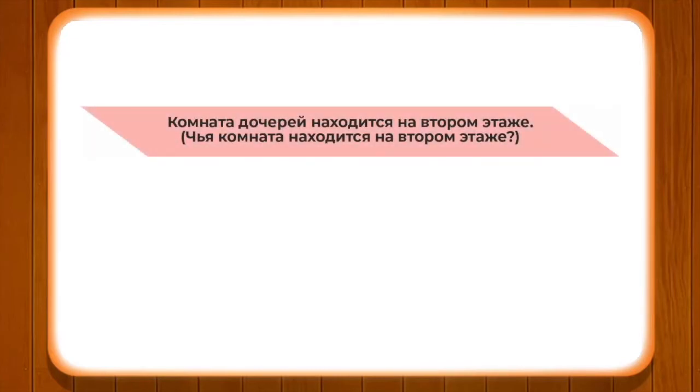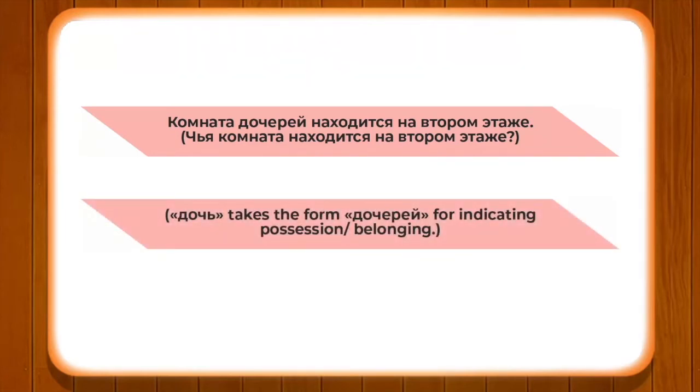Комната дочерей находится на втором этаже. So дочь, дочки, дочерей. Чья комната находится на втором этаже? Комната дочерей. And accordingly, дочь takes the form дочерей for indicating possession or belonging.